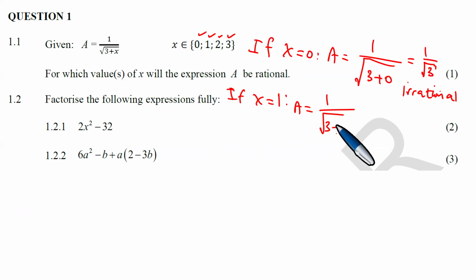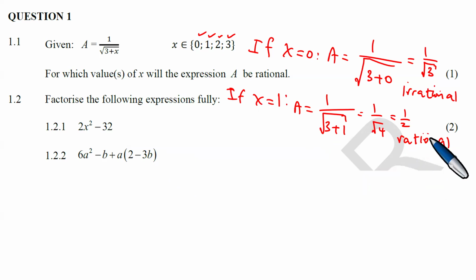What is x? x is 1, so 1 over the square root of 4. What is the square root of 4? It is 2, so we have 1 over 2, and the number 1 over 2 is rational.